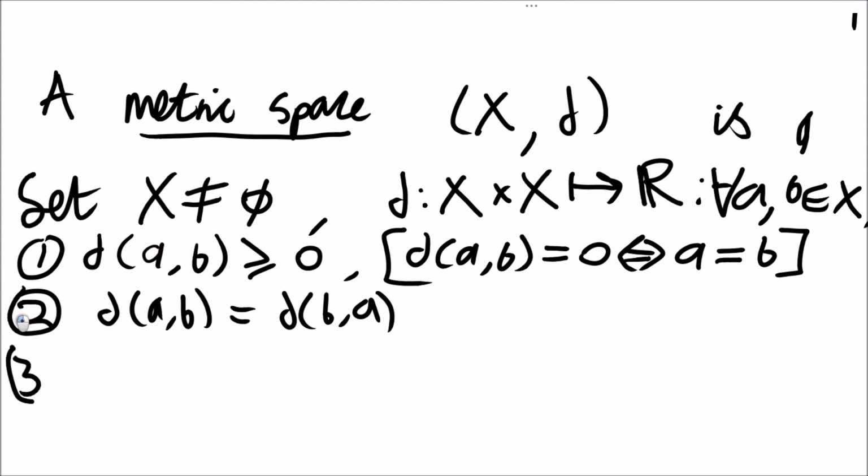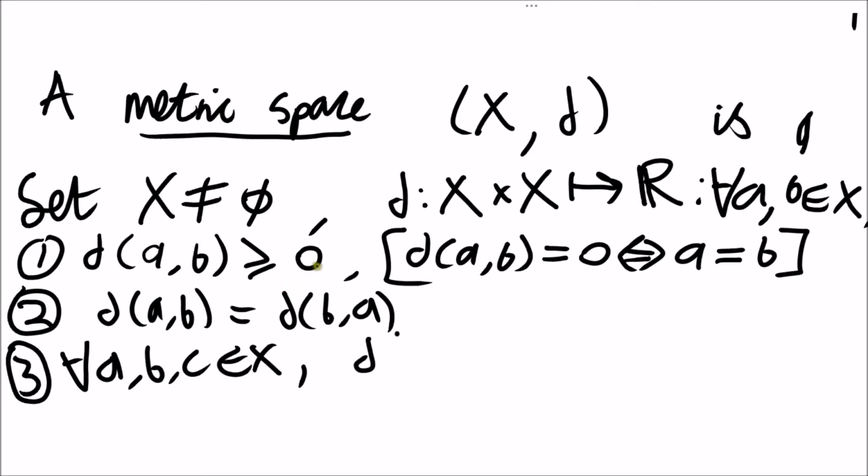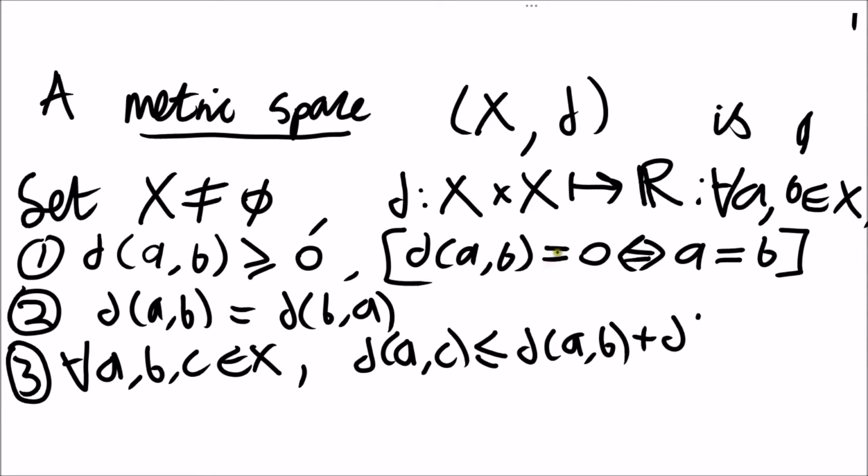And the third condition, the most sophisticated one, is this: if we have three elements a, b, c from this set X, then they always satisfy the triangle inequality, which basically means that the distance from a to c, d(a,c), is always less than or equal to d(a,b) plus d(b,c).